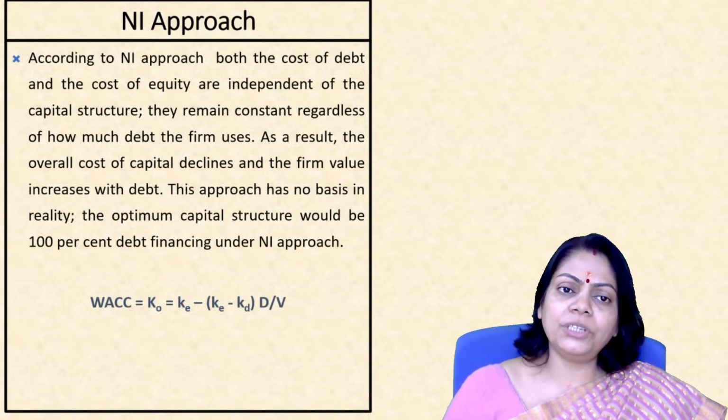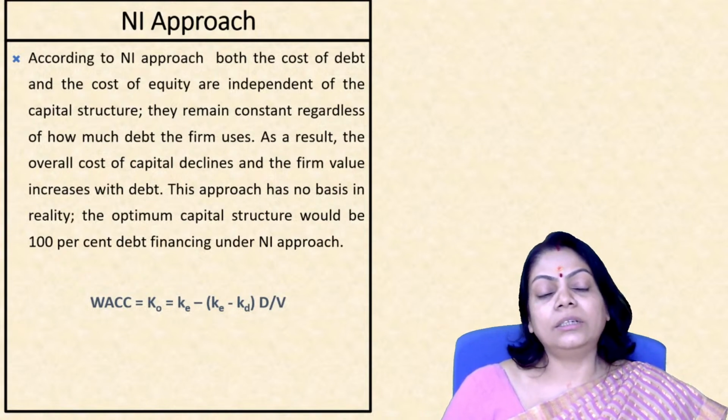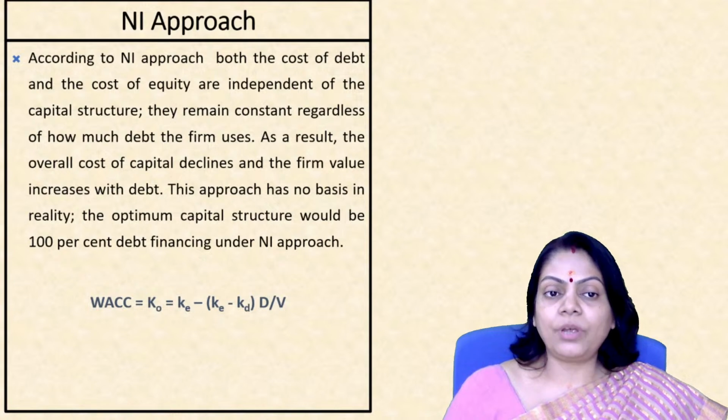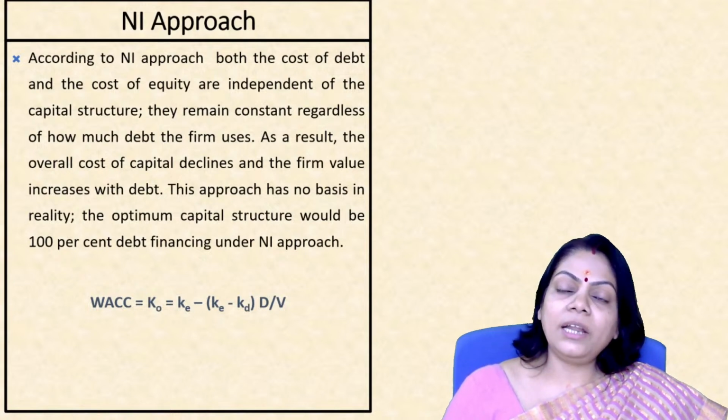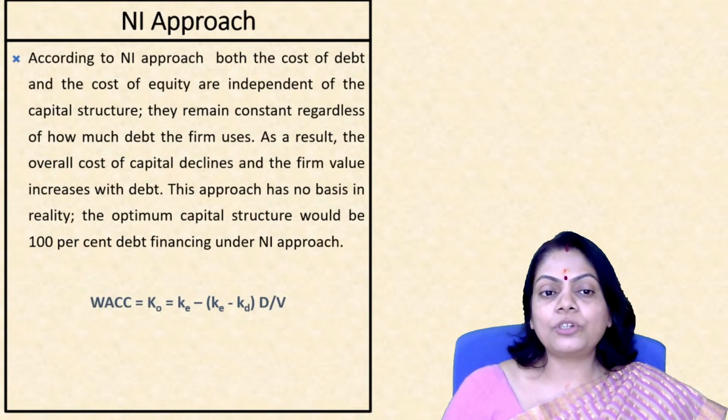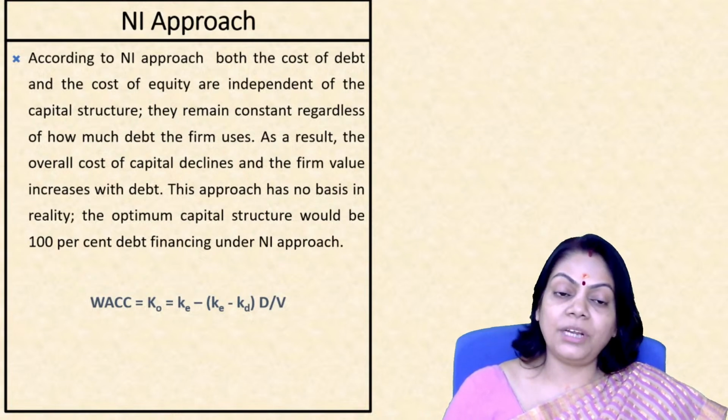Now, net income theory says that the cost of debt and the cost of equity are independent of the capital structure. So they remain constant regardless of how much debt the firm uses. As a result, the overall cost of capital of the firm declines.